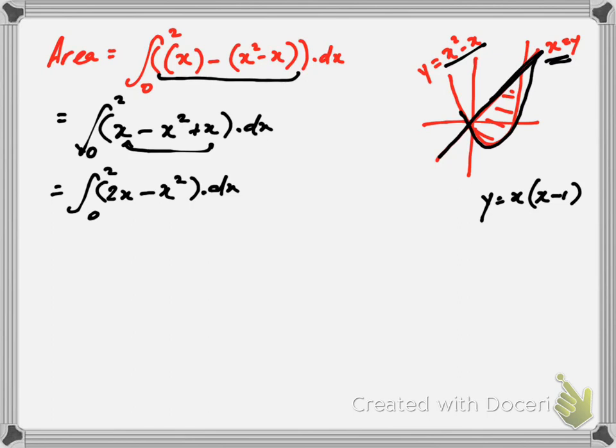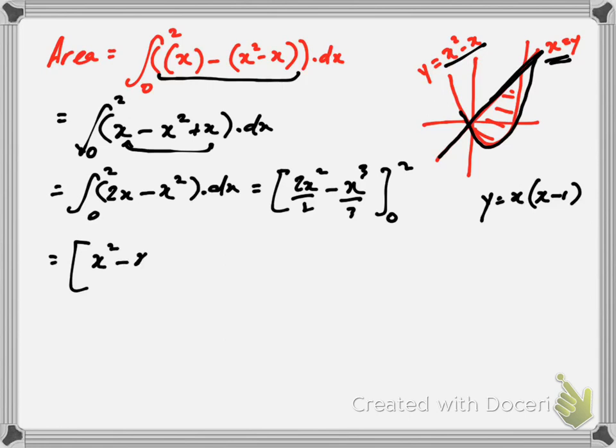So this is what you have to find the definite integral of to get the area. You will end up with 2x squared over 2 minus x cubed over 3 going from 0 to 2. If you simplify, you end up with x squared minus x cubed over 3 going from 0 to 2.